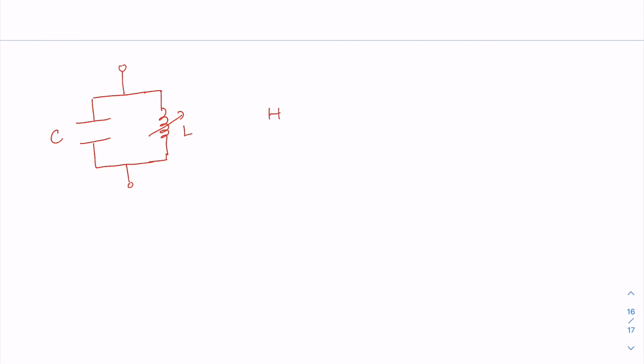And the Hamiltonian would be H is equal to q squared by 2C minus Ej cos of the magnetic flux divided by the flux quantum. As you see, we have a charging energy term and a tunneling energy term.